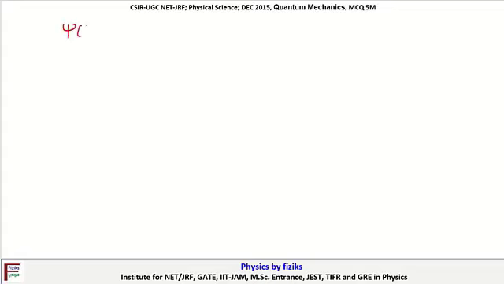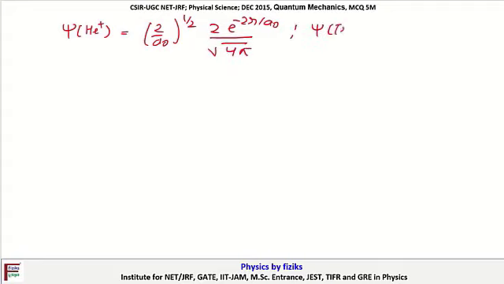So psi He positive is equal to (2/a0)^(1/2) e^(-2r/a0) divided by root 4 pi, and psi T of r is equal to (1/a0)^(1/2) e^(-r/a0) into root 4 pi.